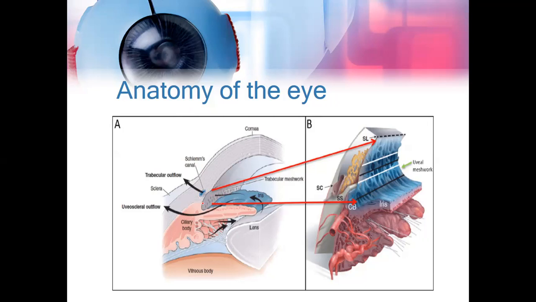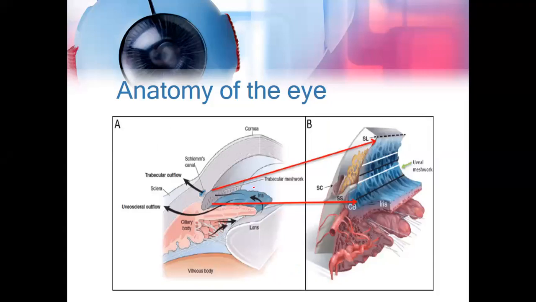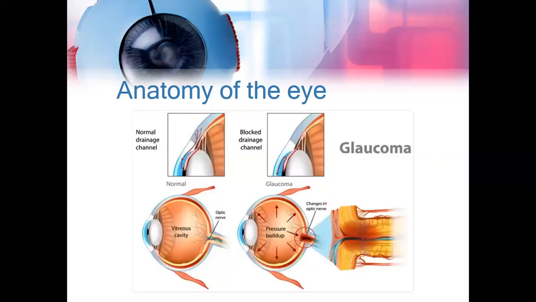Since the drainage of the aqueous humor does not happen, the increased volume of aqueous humor makes the inner pressure of the eye increase, and that is glaucoma.